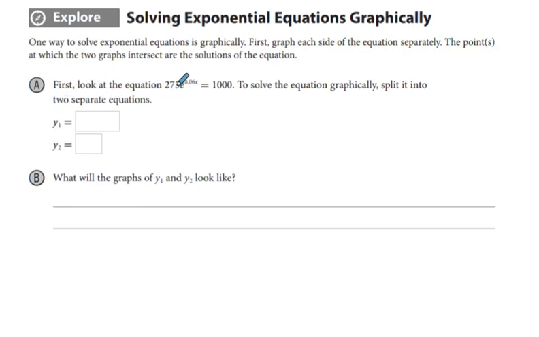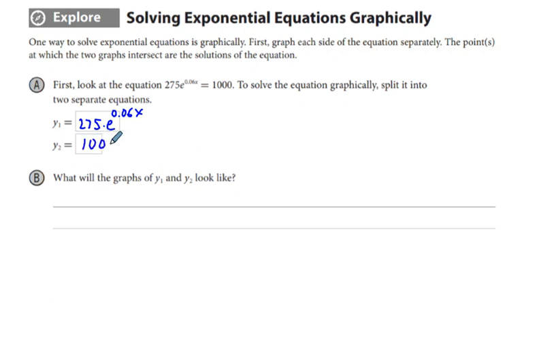First, look at the equation 275e to the power of 0.06x equals 1,000. To solve this equation graphically, split it into two separate equations. The left side will be y1 equals 275 times e to the power of 0.06x, and y2 equals 1,000.